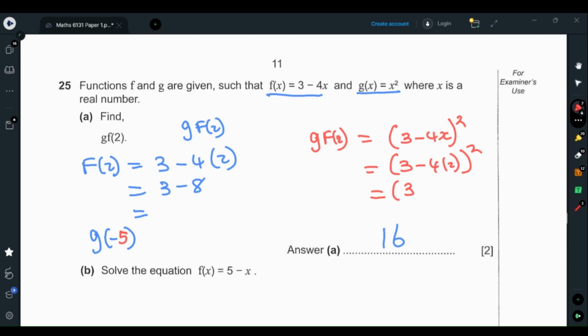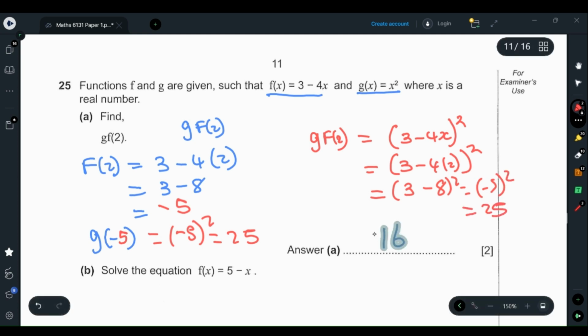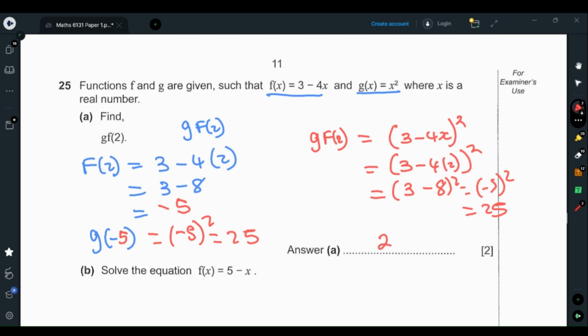So 3 minus 8, which is minus 5, squared. Minus 5 squared is 25. So this is 25.